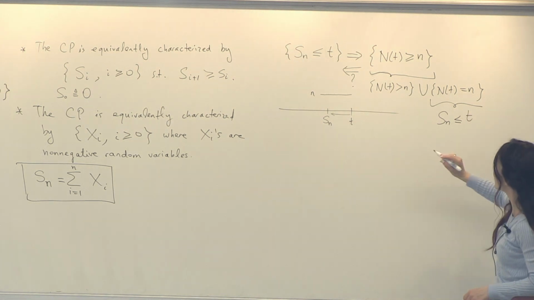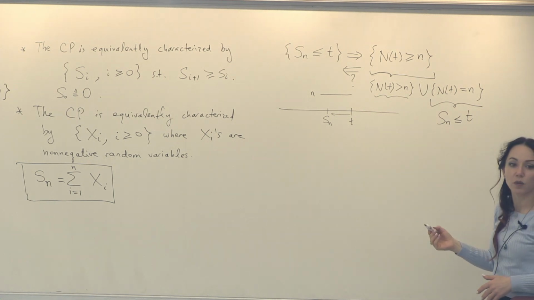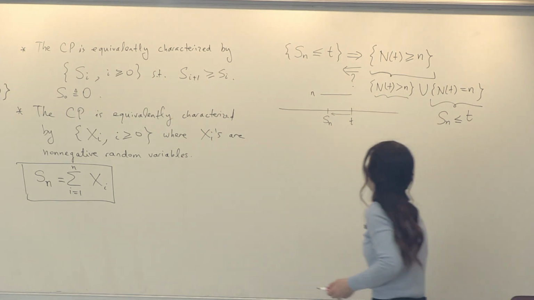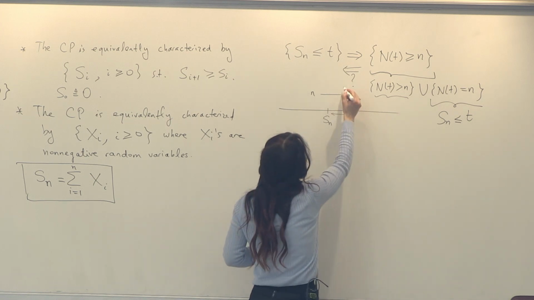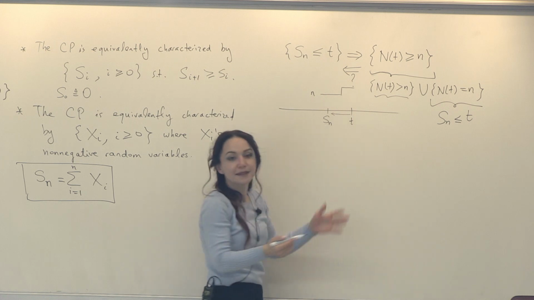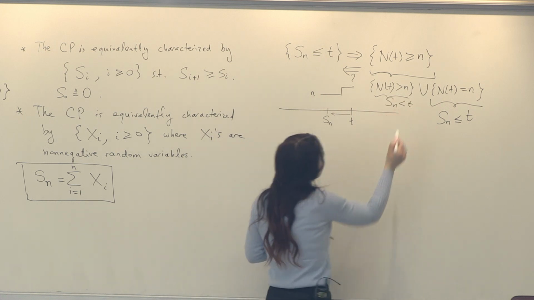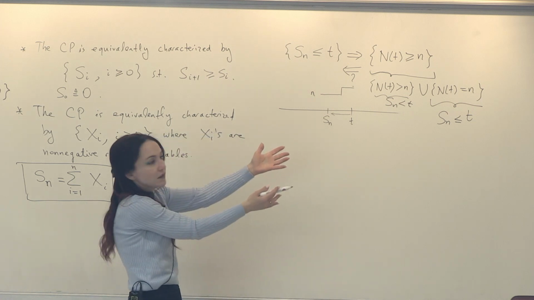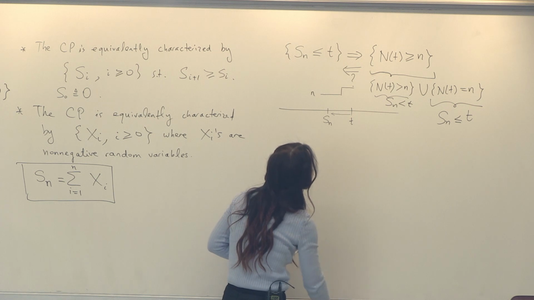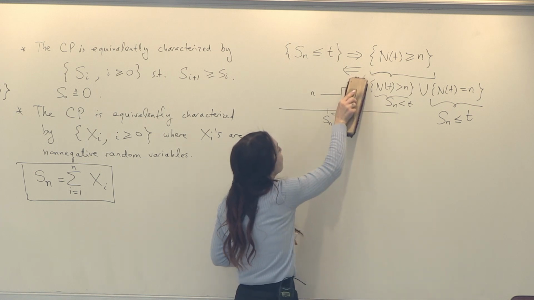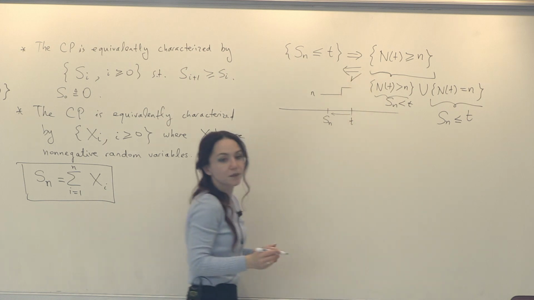Right? How about this one? N of t is bigger than n. Why? I mean, the nth arrival happened, but even more arrivals have happened by time t. So in this case, clearly the nth arrival is before t. So when we combine these two, we see that yes, the right-hand side implies the left-hand side.